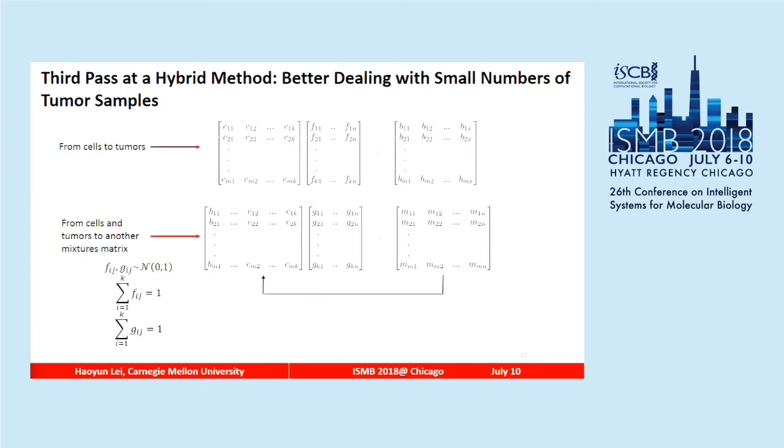In the first step, we use a geometric mixture model to simulate the tumor samples from the cell components, and then in the second step, we again use the geometric mixture model to combine the tumor samples with the cell components to simulate a high-level mixture matrix. By doing this, we are able to use the existing matrix decomposition method to decompose the high-level mixture matrix.